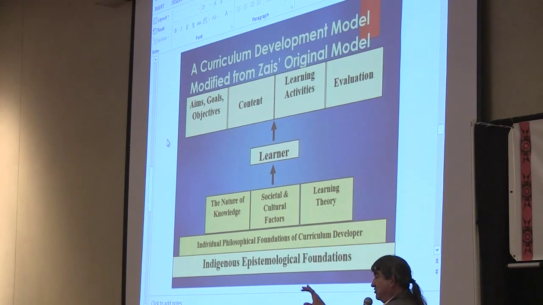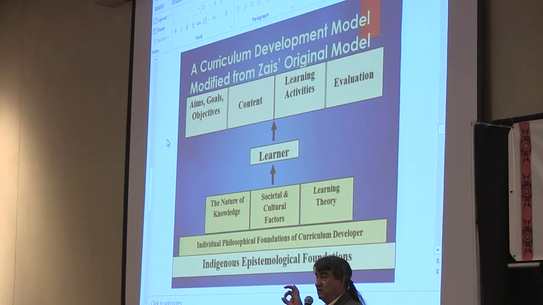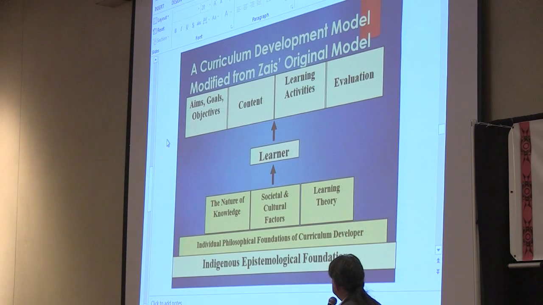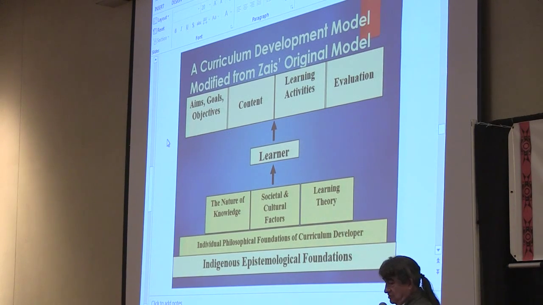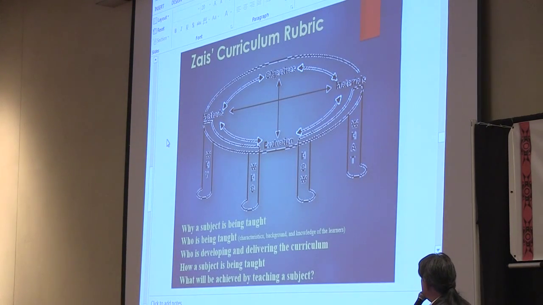But the key is to focus on the learner. The learner is really the one that makes the decisions about what's going to be learned and how it can be best learned. So that's kind of what we call a Zaius model, and I'll provide that to anyone that has an interest in it.